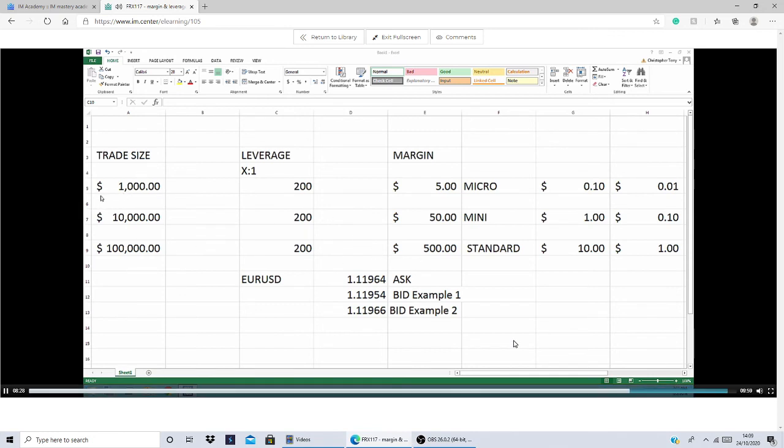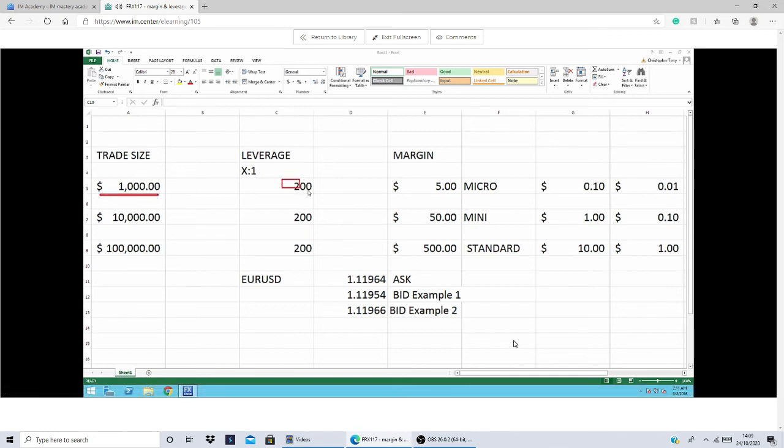So to leverage $1,000 in the market on a 200 times leverage, you only need $5. That means when the market moves up or down, you make 10 cents a pip. Looking at the higher leverage of 100,000 at a 200 times leverage, you deposit $500 and you make $10 for every pip.